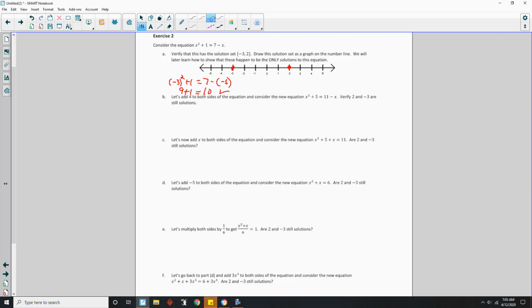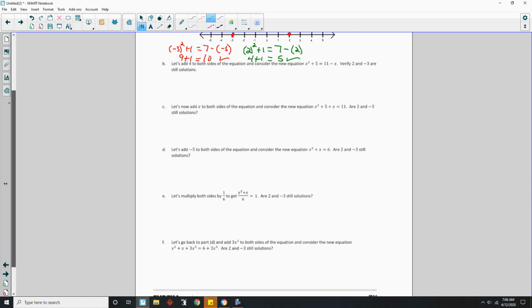So I'm going to check the next one. If I substitute in 2 and square it and add 1, that has to equal 7 minus 2. 2 squared is 4, plus 1 equals 7 minus 2, which is 5. 4 plus 1 does equal 5, so that is true.